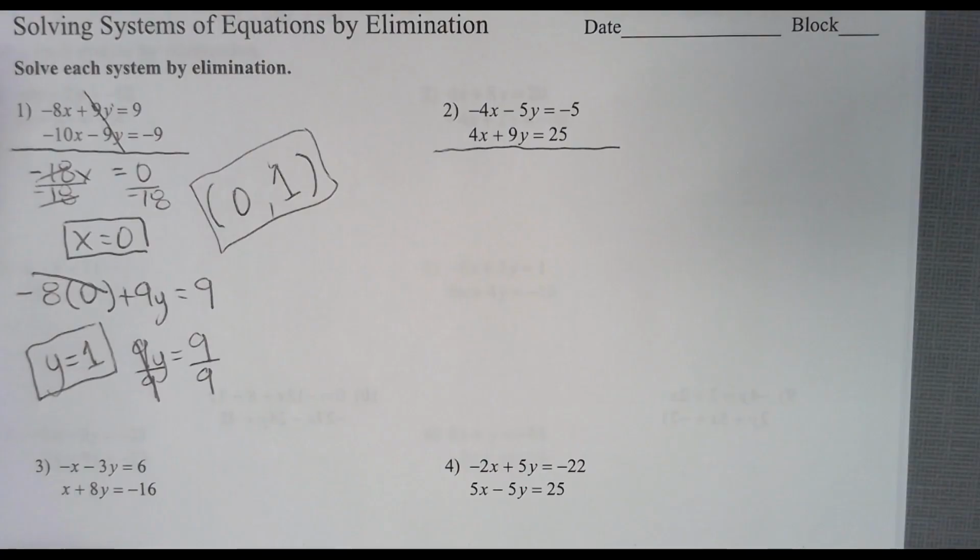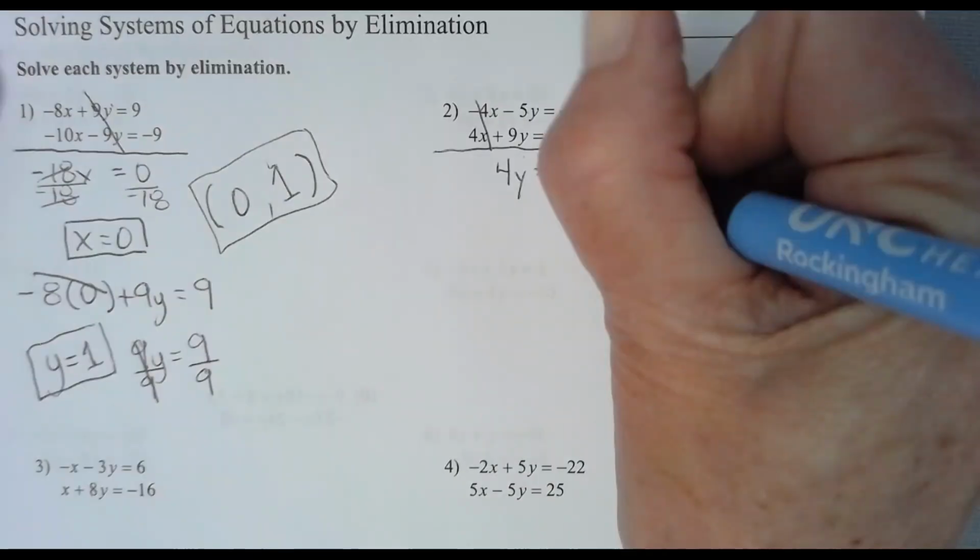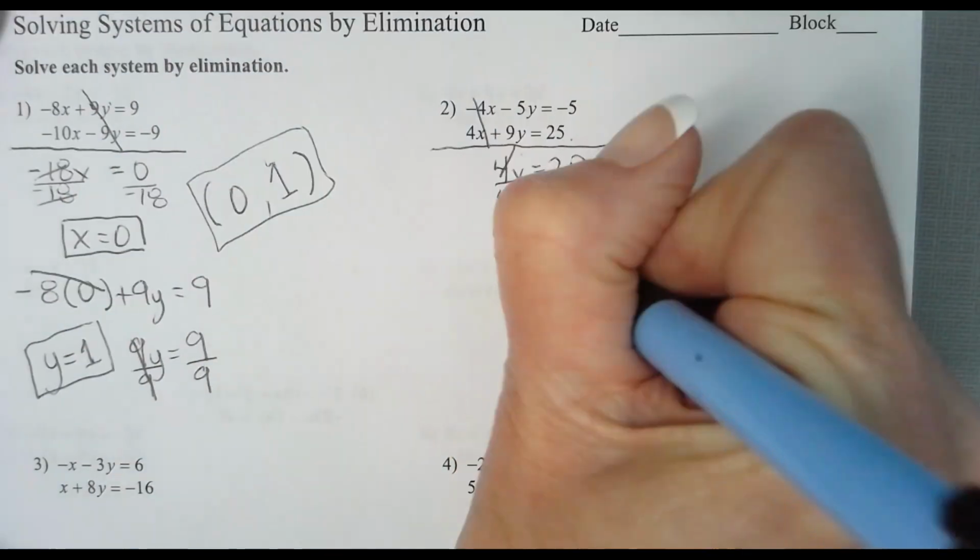Negative 5 and positive 9 is a positive 4y. Don't forget your y. Bring down your equal sign and combine negative 20. Y'all notice it's a one-step equation. How do I solve that? Divide both sides by 4.